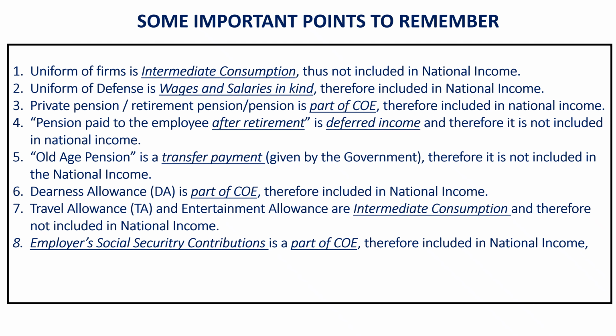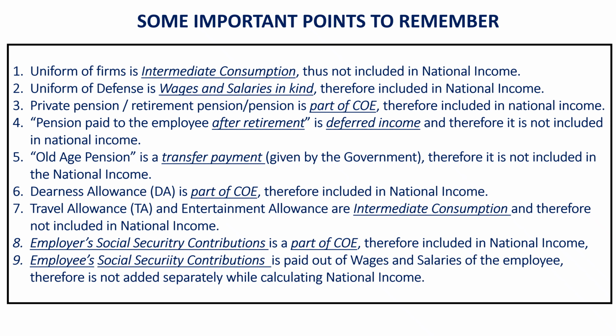Employers' social security contributions are a part of compensation of employees and therefore included in national income, whereas employees' own contributions to social security are paid out of their own wages and salaries and thus they are not added separately while calculating national income.